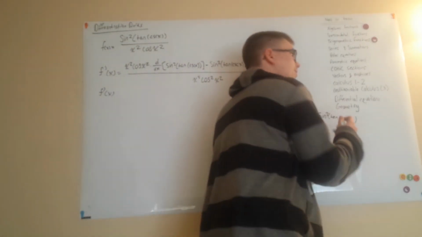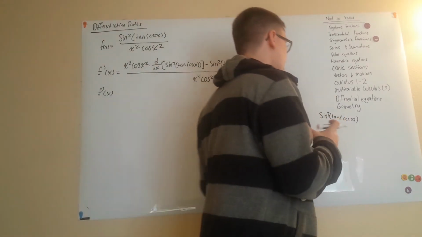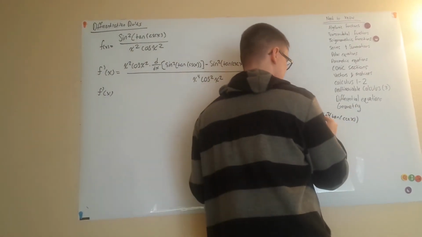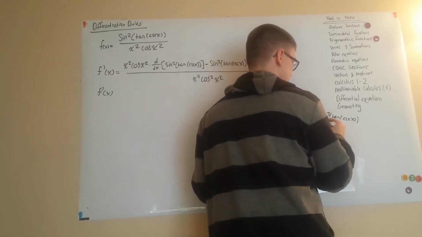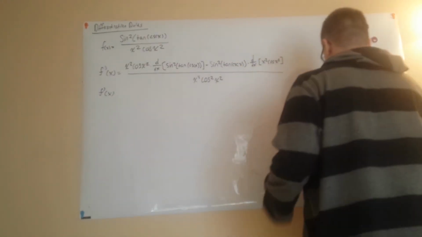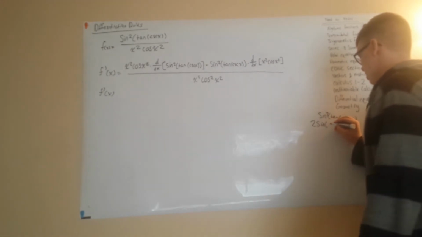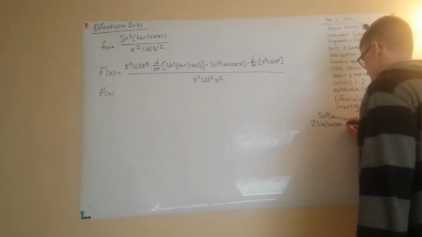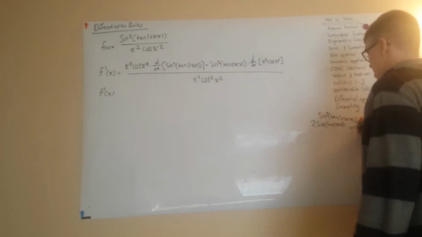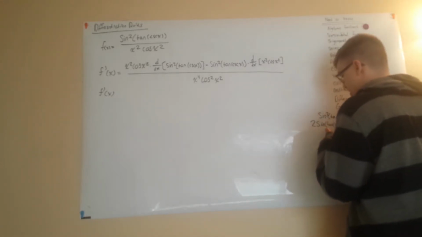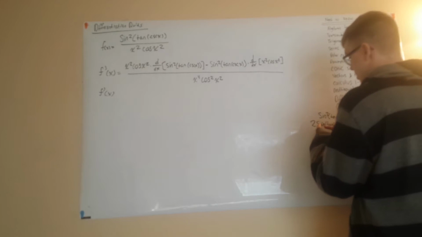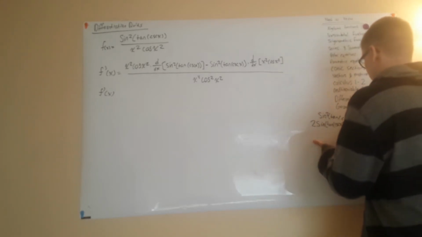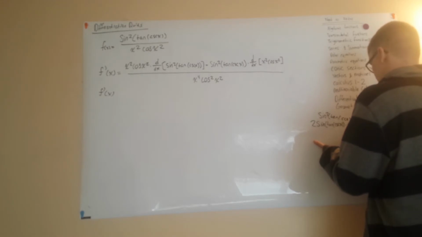Well, I have sine to the second power. Chain rule, chain rule, chain rule. So it's going to be 2 sine of the inside. All of this is the inside. Times the derivative of the inside, which is the sine of this. Sine of something is the cosine of something.